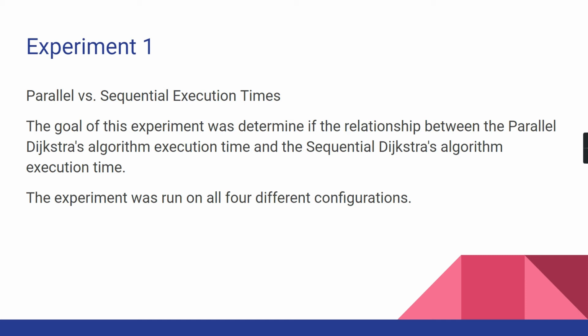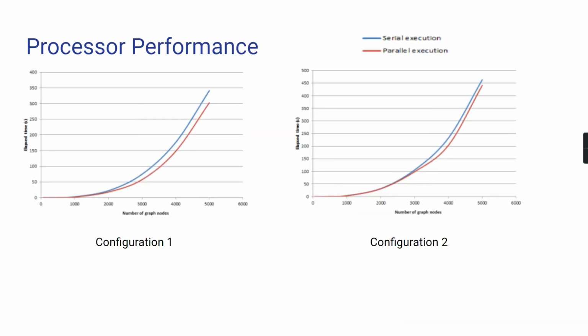For this, the sequential algorithm was run on all 4 of the configurations, and compared to that of the OpenCL parallel Dijkstra's algorithm, run on all 4 different configurations as well. And we're going to talk about their results.